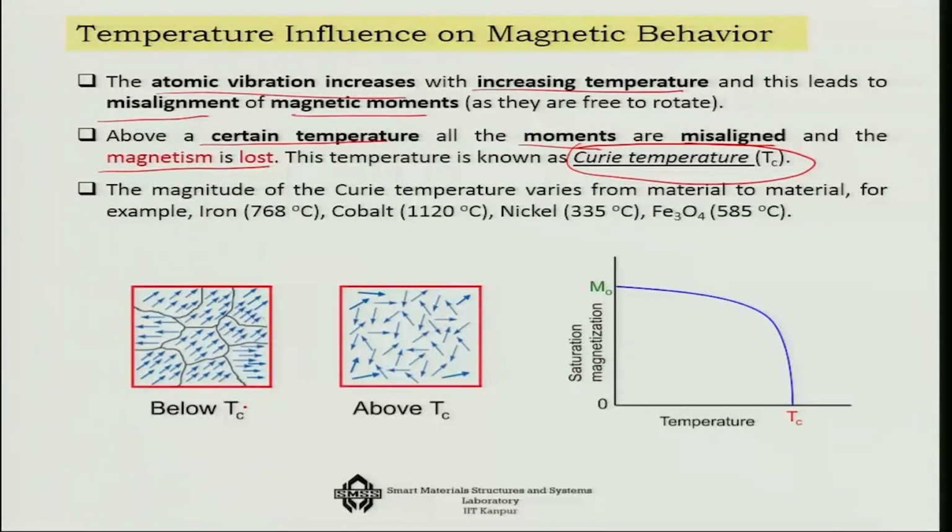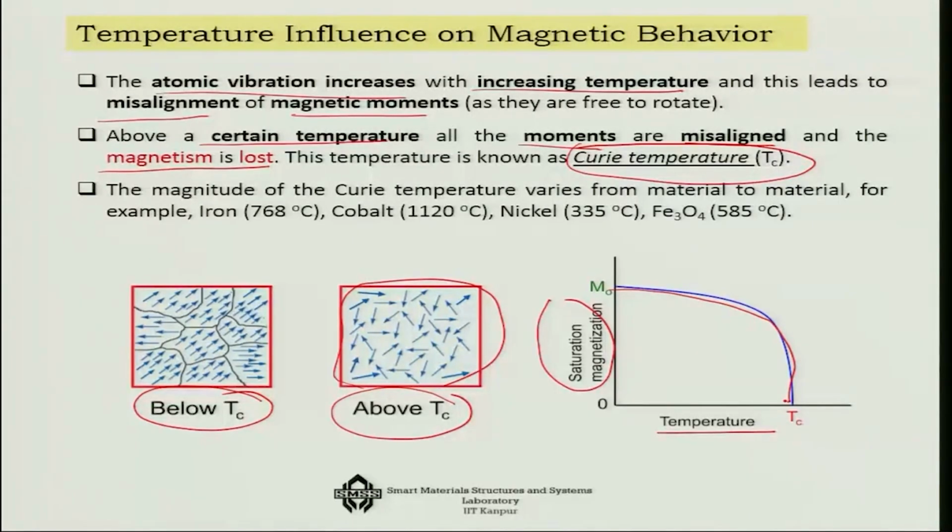So, below the Curie temperature you get the alignment, and above the Curie temperature you get a random distribution. If you plot temperature versus the saturation magnetization, you will see that it drops sharply beyond a particular temperature. This temperature of course varies from material to material.